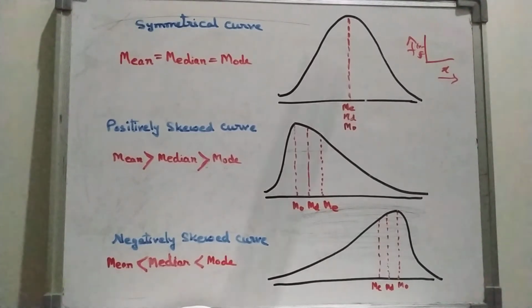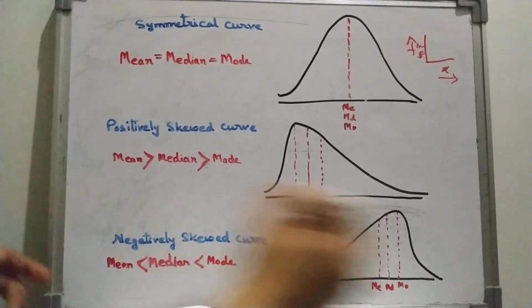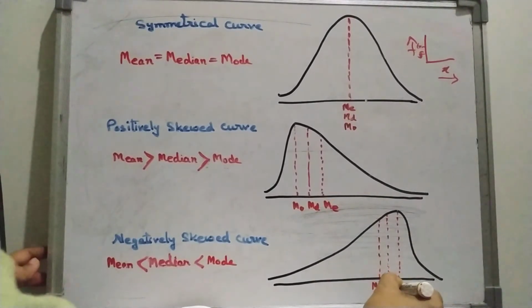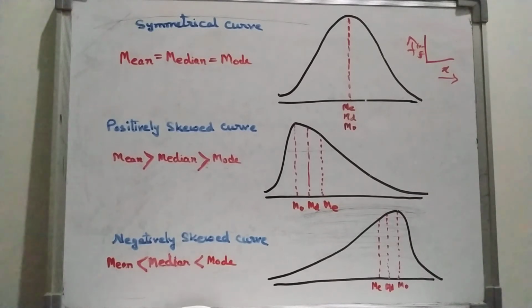This is median, it is not written properly, MD in short. So we put the less than sign: mean is less than median is less than mode. We just need to put the symbol.